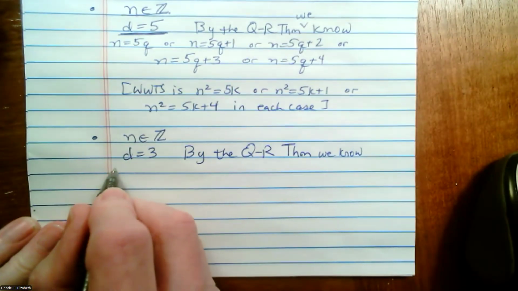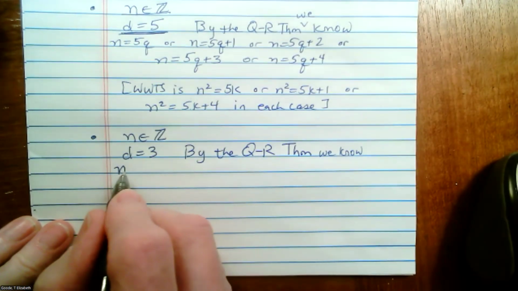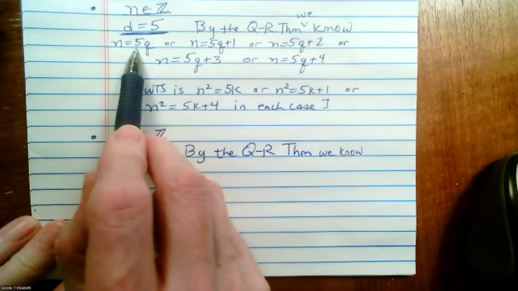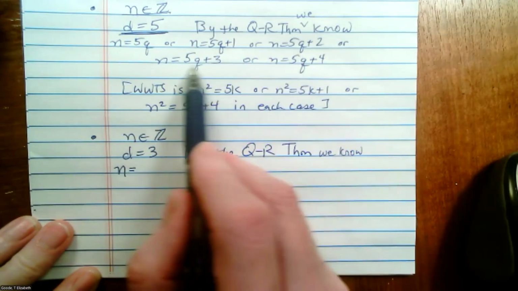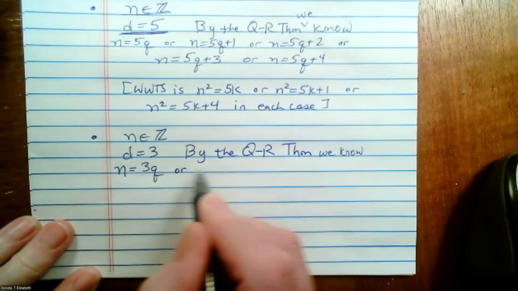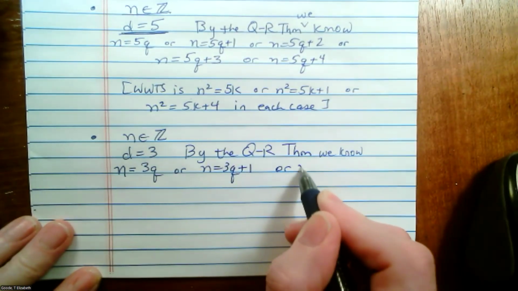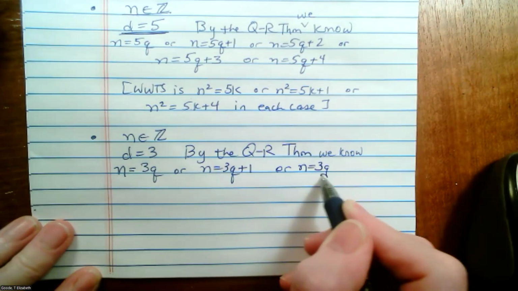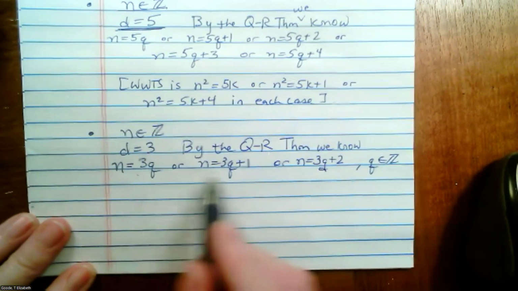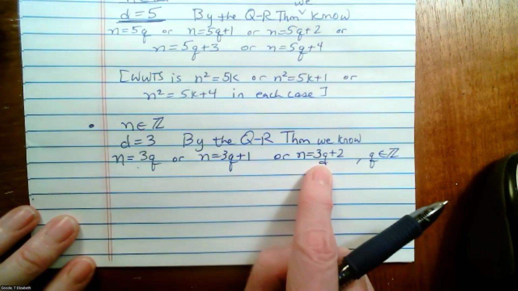So you tell me, what are the different ways n could look if we're dividing n by 3? n equals 3q, or 3q plus 1, or 3q plus 2. Right. So we still have three cases that we have to investigate because we don't know what the integer n is. You know, if n is 5, it looks like 3q plus 1.